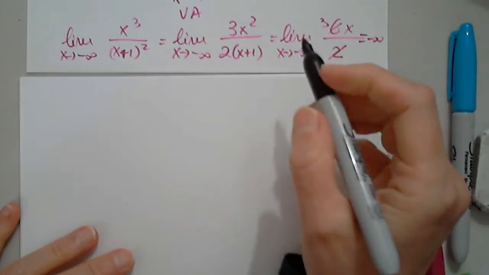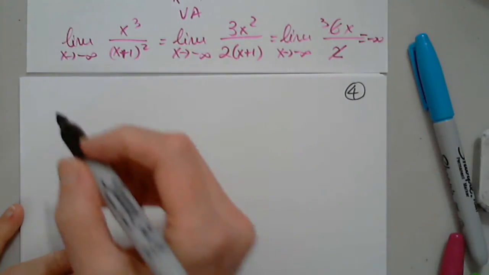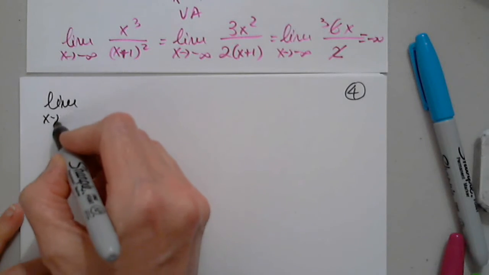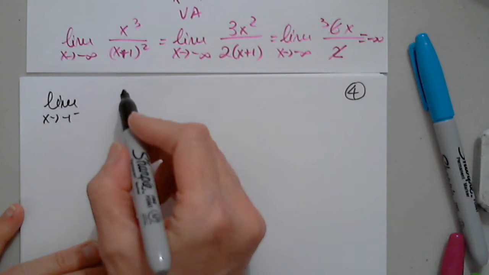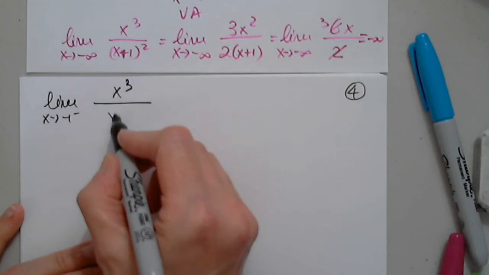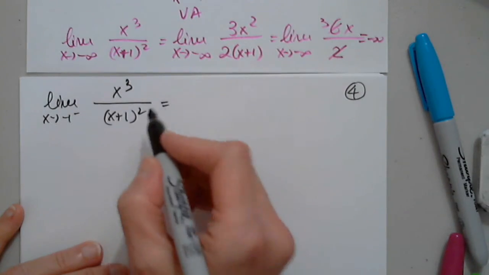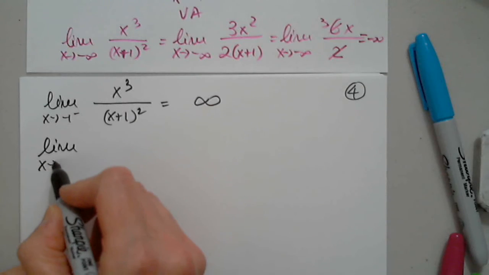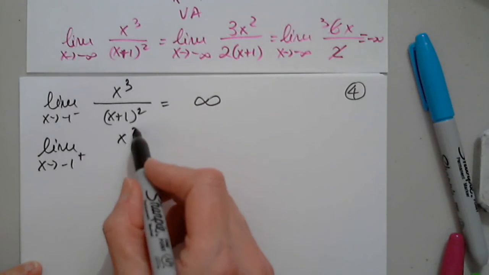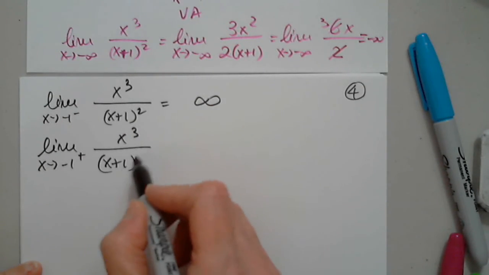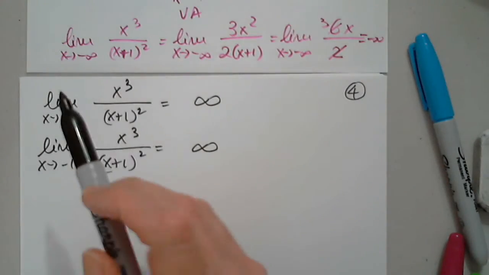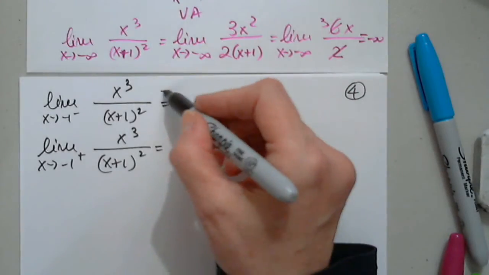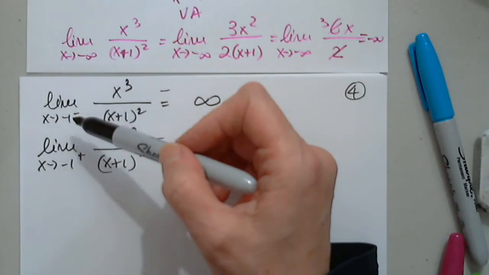Okay, so limit as x approaches -1 from the left, of x to the third over x plus 1 squared. I know that this has to be infinity. There is no discussion there. I only need to find the sign. So -1 from the left, the top is negative for both.